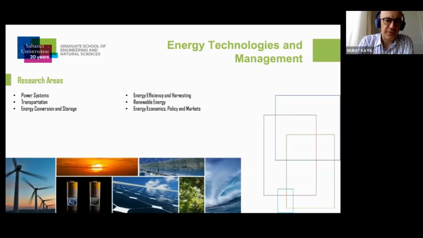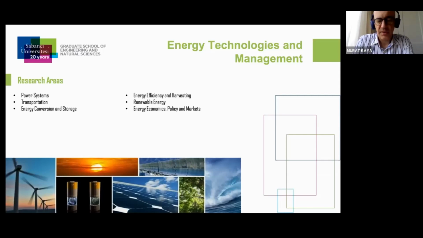The first area of research under energy technologies at Sabancı is power systems. Now, I need to explain what we mean by power systems because the name is general, but we are not doing a lot of things on power systems. We have a couple of specific research interests here.